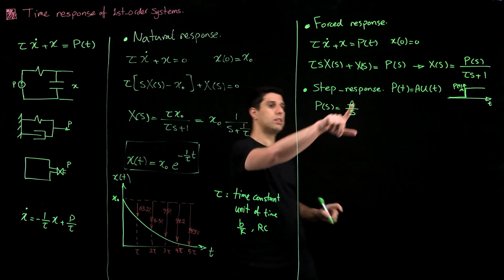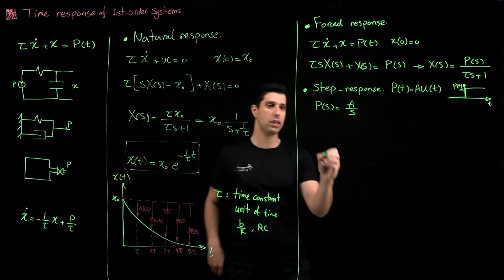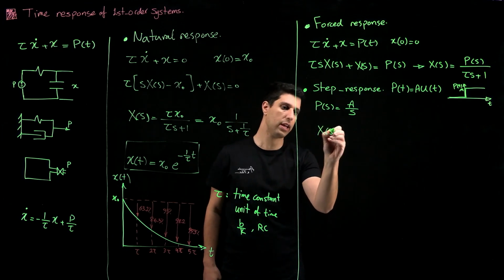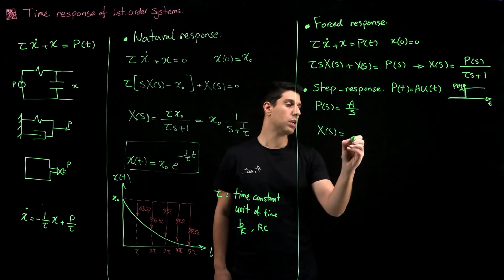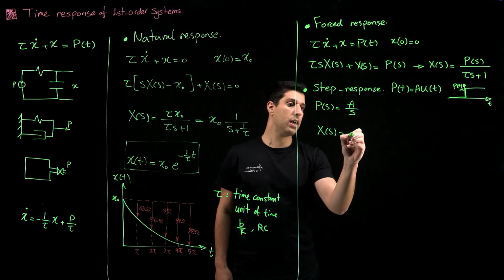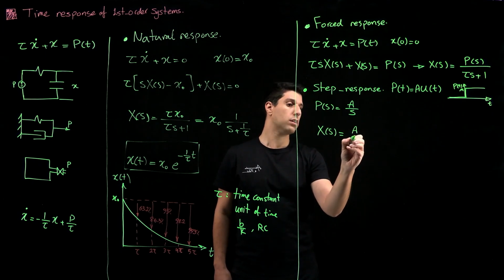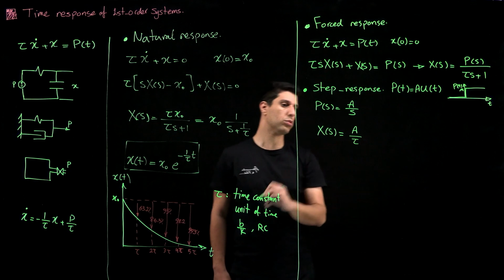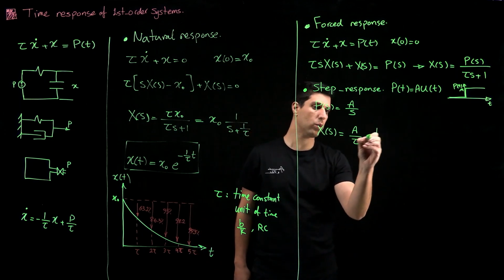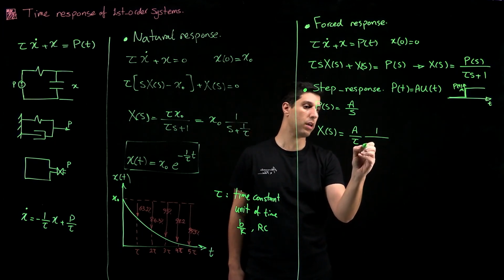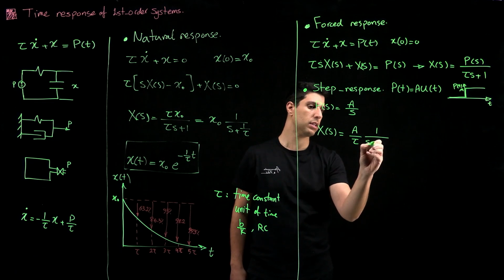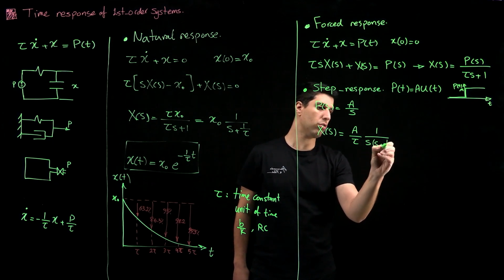So knowing this, substituting that here, my x of s becomes A over tau, I'm going to factor out a tau, 1 divided by s plus 1 over tau.